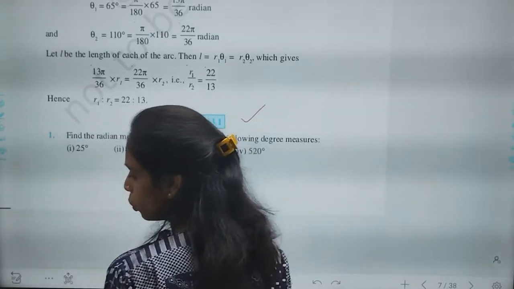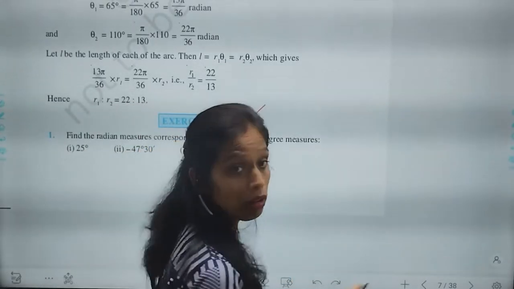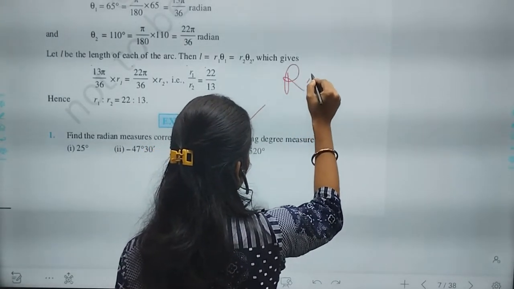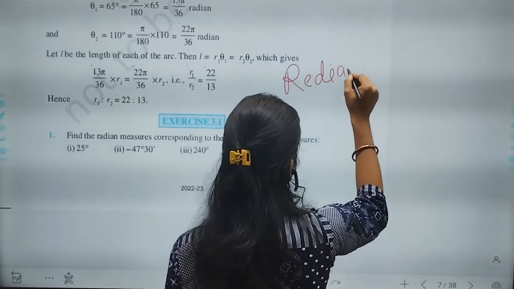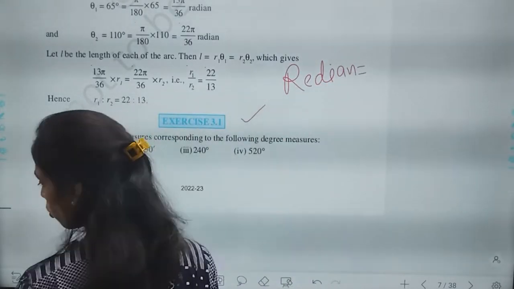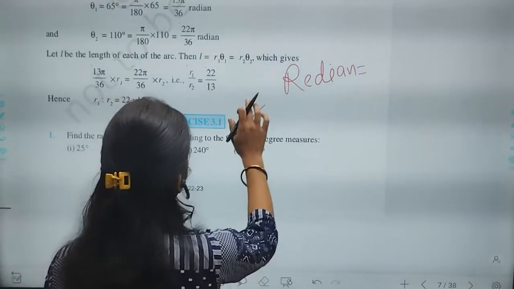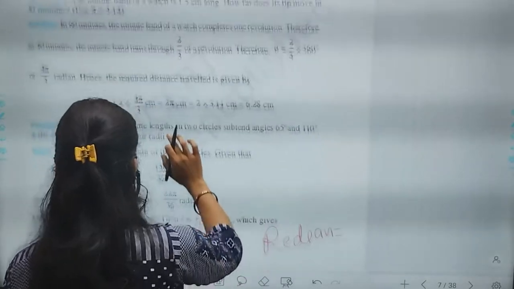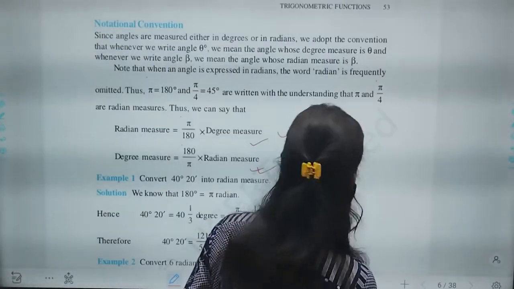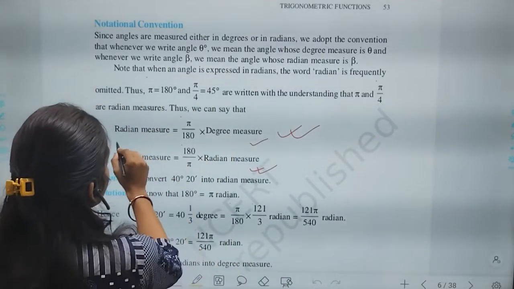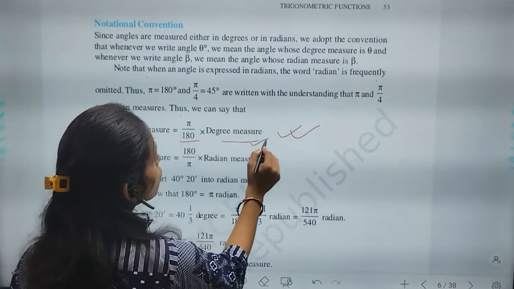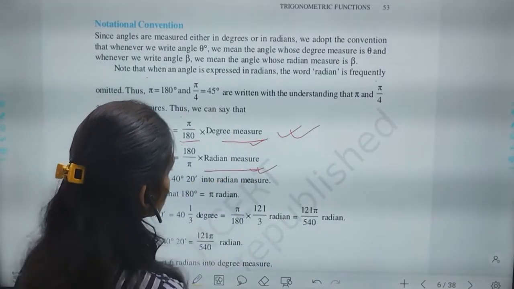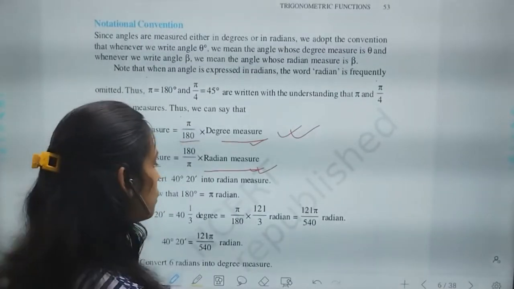You already know the formula. Radian means pi by 180 is equal to the degree measurement, and degree measurement is equal to this one. So we derive it here.